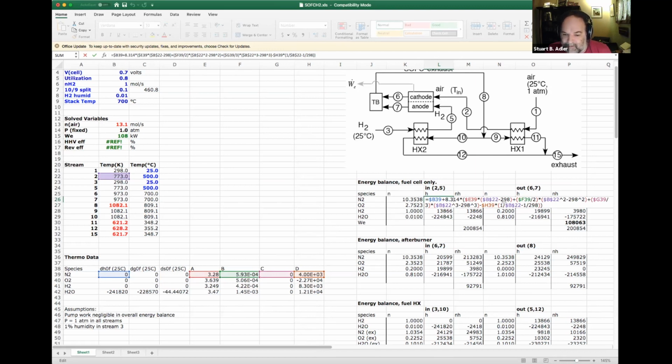There's the A term, which has the difference between the stream temperature and 298, the reference temperature. The next term has the temperature squared minus 298 squared. The third term is a cubic term. And the last term is the reciprocal temperature minus the reciprocal temperature of the reference state.